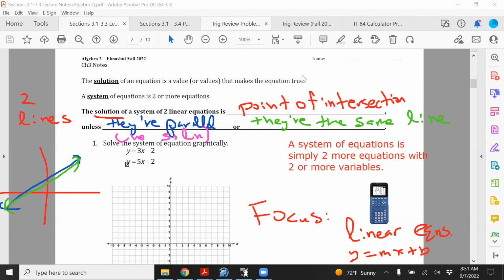In which case you're going to say infinitely many solutions, because they're intersecting in a whole bunch of places. So those are the three scenarios you could have. The last two are quite rare, but could happen.